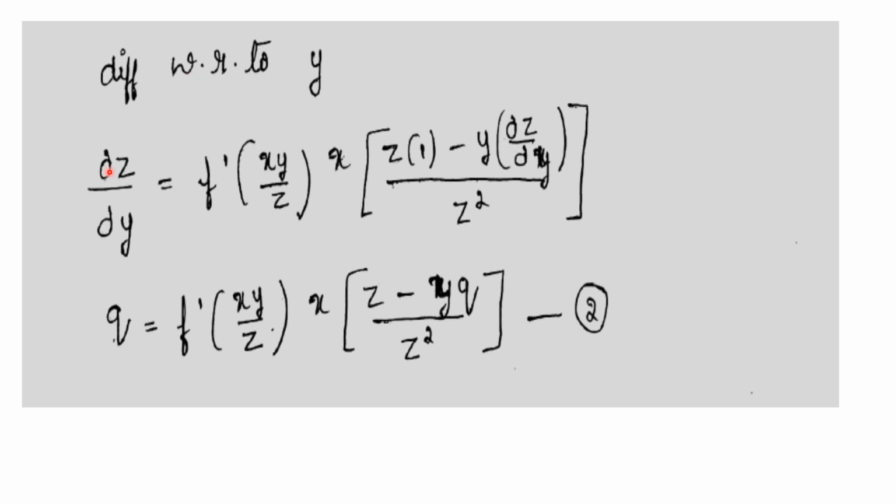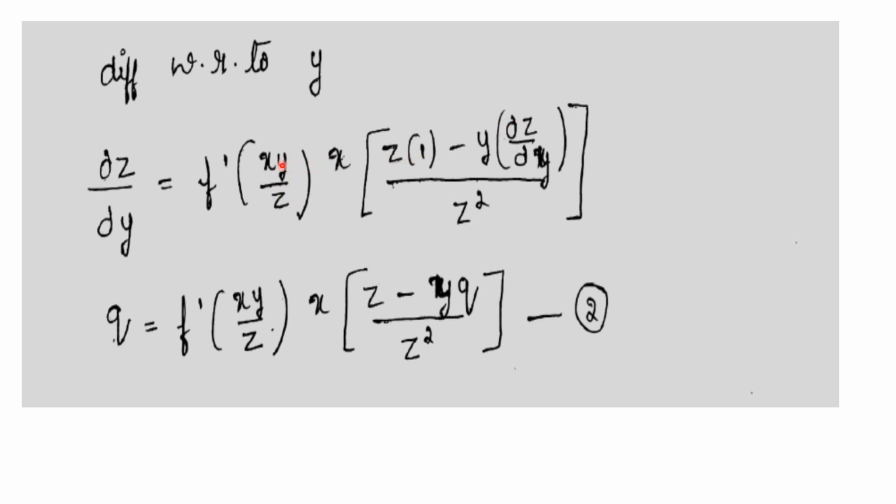Differentiation of z with respect to y is dou z by dou y equal to differentiation of f of xy by z, which is f dash of xy by z. Here x is a constant with respect to y, so I'll keep x as it is. Apply u by v rule to y by z. So what is u by v rule here?